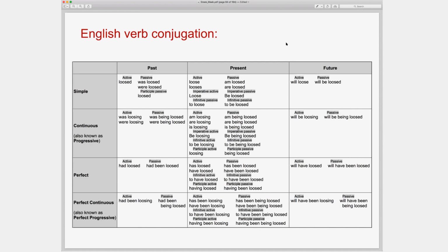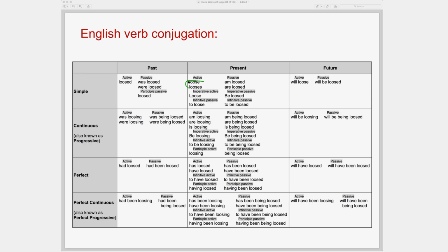So here we have English verb conjugation. Again, you remember this. Notice no aorist tense. Okay, so in the case of aorist tense, where I'm substituting loose, simple present.